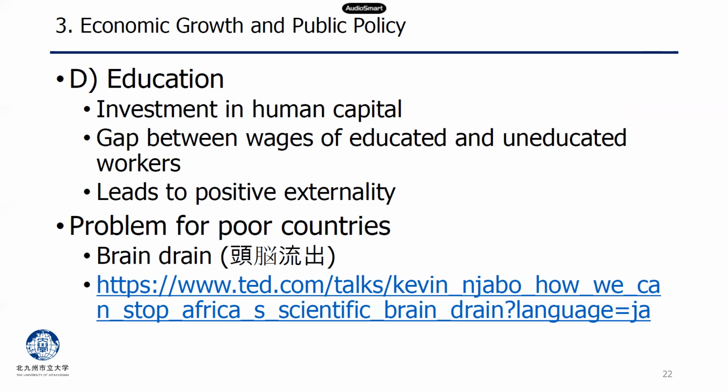They don't have good laboratories. They don't have good students to work together. So why don't we just stay in the US, live a happy life, rather than working for our poor country? That's called the brain drain. So I'll show you a TED talk that talks about the brain drain.